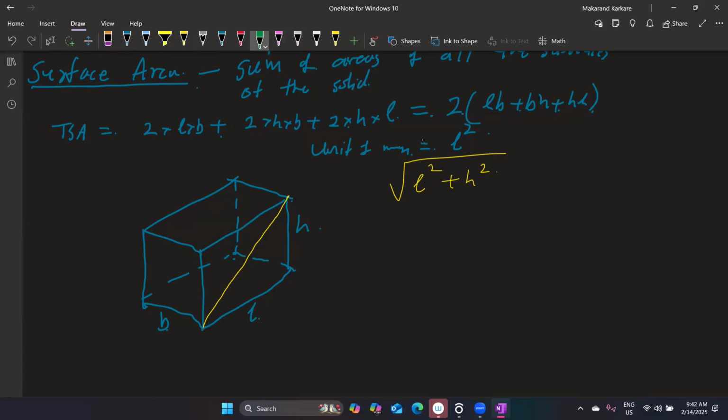What about the green one? Root of L square plus B square. Very good. Root of L square plus B square.